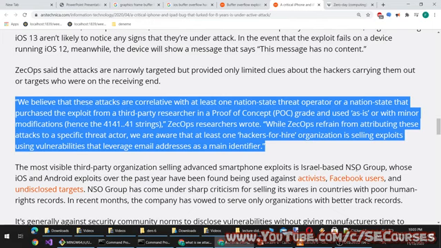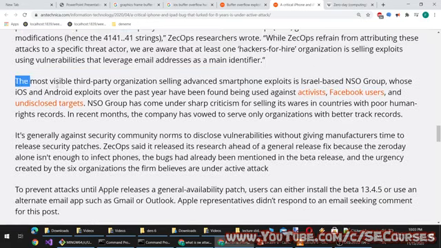ZecOps researchers wrote, "While ZecOps refrain from attributing these attacks to a specific threat actor, we are aware that at least one hackers for hire organization is selling exploits using vulnerabilities that leverage email addresses as a main identifier."